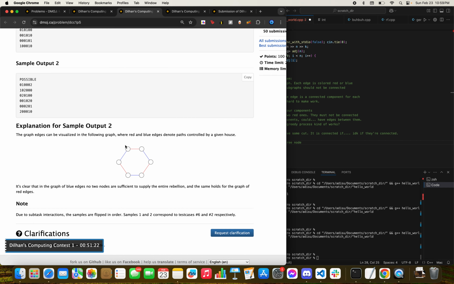So we have a nice case here where it works. Let's see if we can break it.